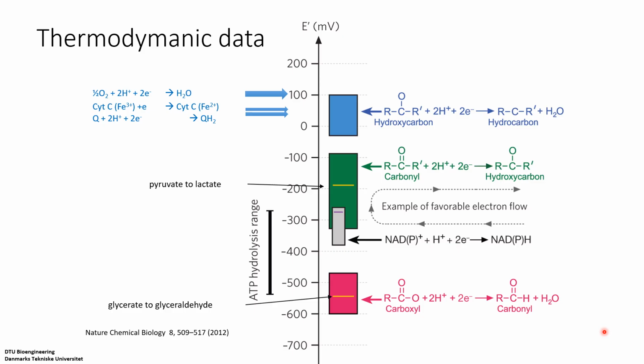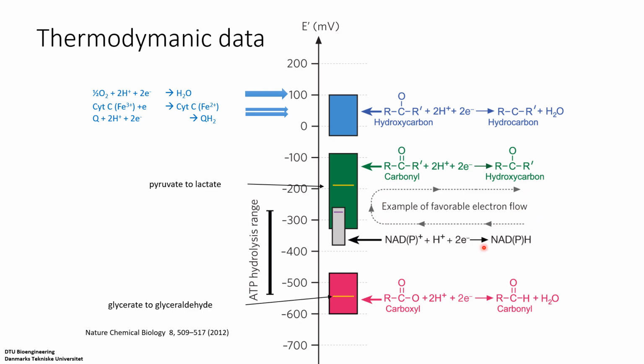Likewise, we have some thermodynamic data that will again indicate what is going on. And as you can see on this slide, now it's depicted with NAD plus to NADH. So that reaction, the other reaction, has a favorable electron flow in this direction.